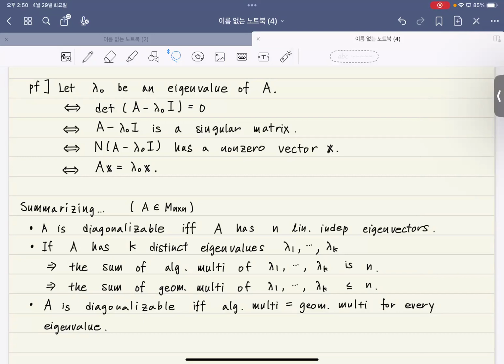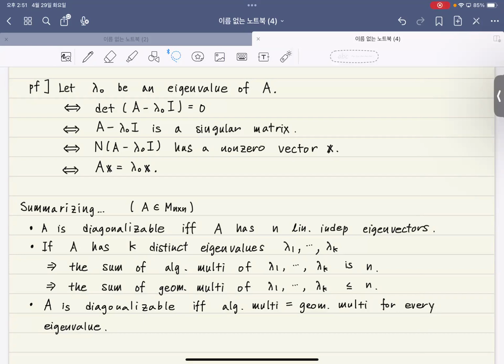So in other words, A is diagonalizable if and only if the algebraic multiplicity agrees with the geometric multiplicity for every single eigenvalue of A. In that case, A can be diagonalized.